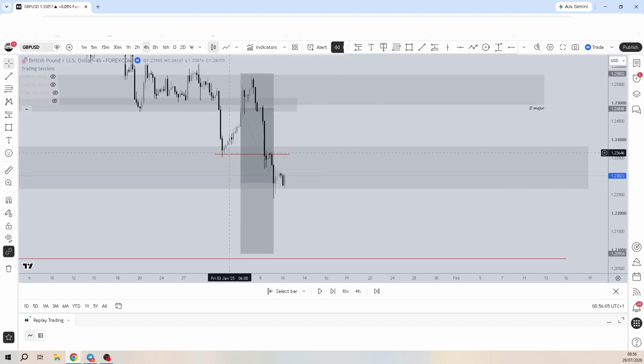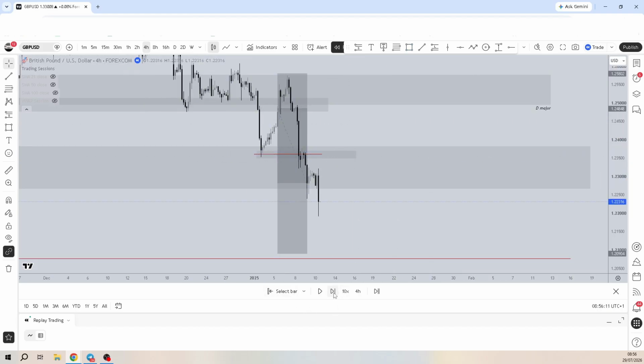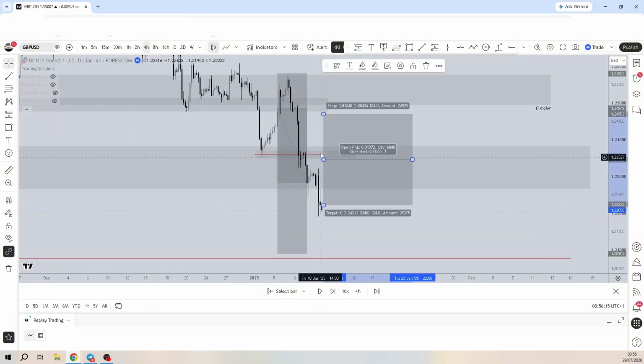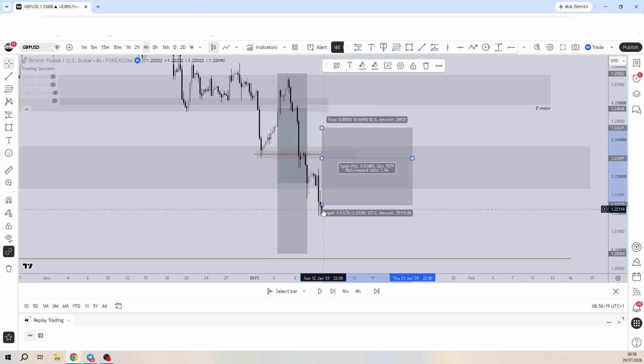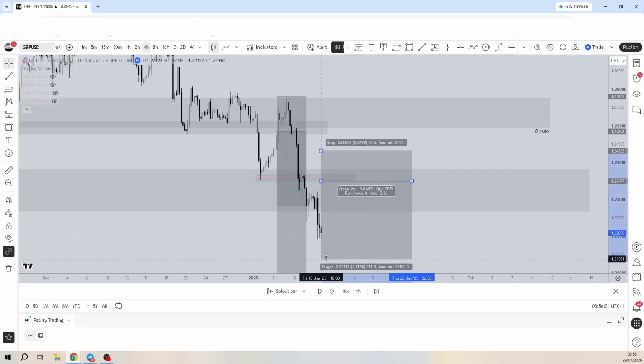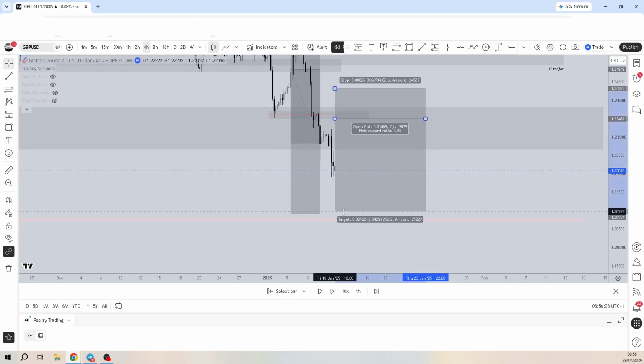And I guess this can be another break and retest. And if this one got triggered, then my stops would be up here. Same take profit down here.